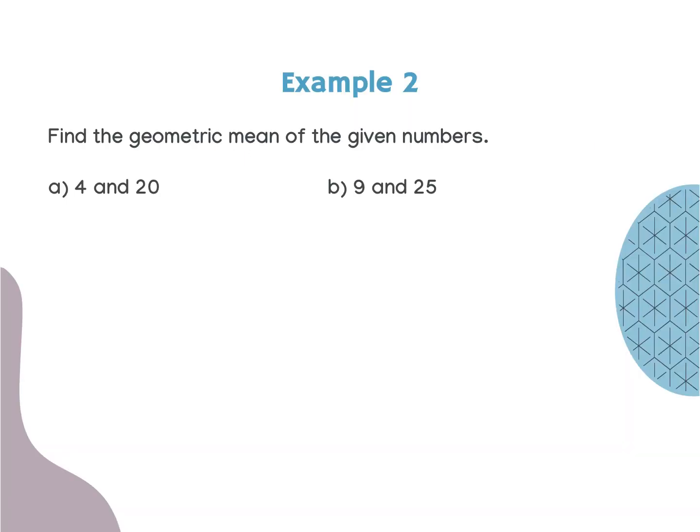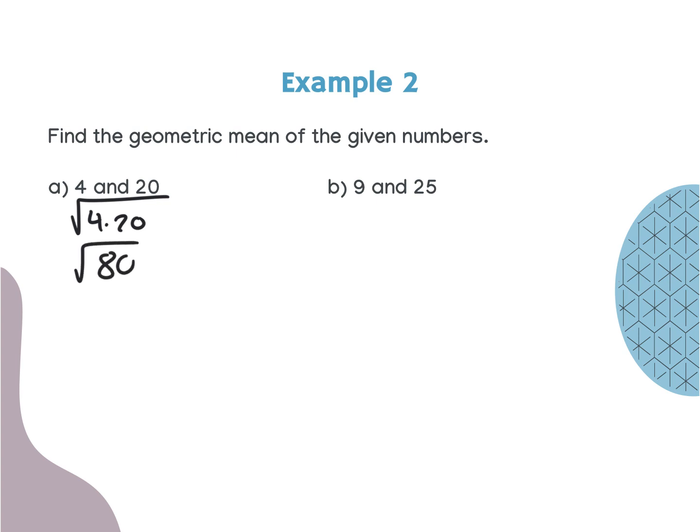So for example 2, they want us to find the geometric mean of the given numbers. So let's do A. We have 4 and 20. So if you guys remember, it's going to be the product of those two numbers. So it's going to be the square root of 4 times 20. Now, 4 times 20 is actually 80. So then we get the square root of 80.